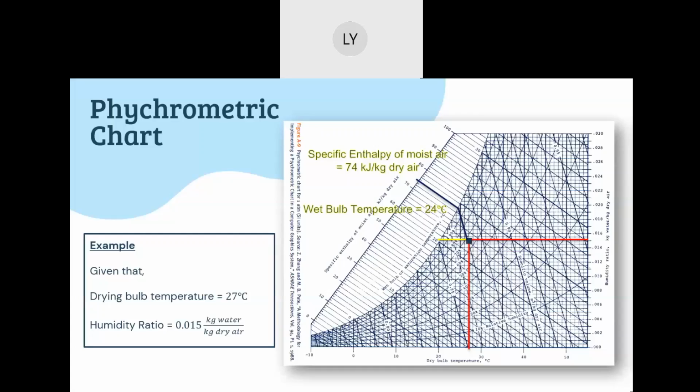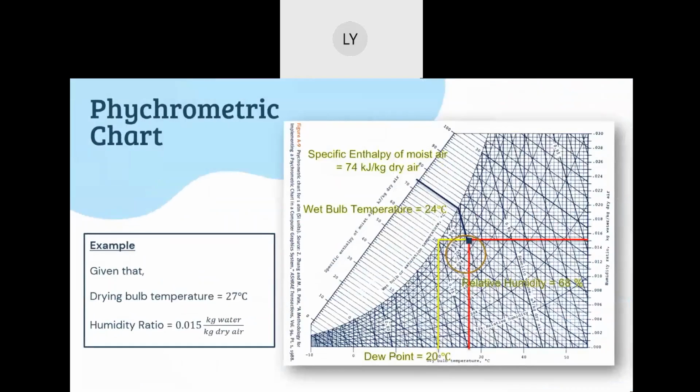Then, in order to get the dew point, we will draw a yellow line from the point. Then the dew point is around 20 degrees Celsius. In order to get the relative humidity, you can look at the brown circle. It is around 68%.